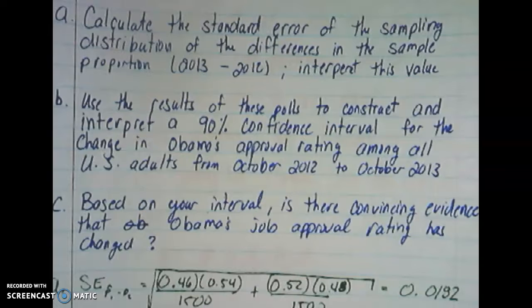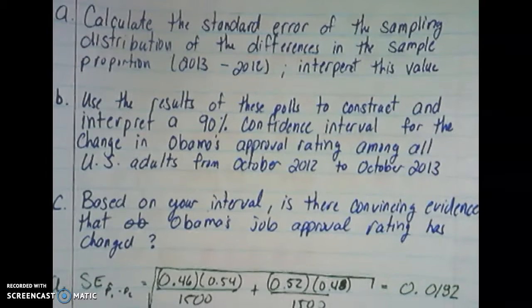And then B, use the results of these polls to construct and interpret a 90% confidence interval for the change in Obama's approval rating among all U.S. adults from October 2012 to 2013. Based on your interval, is there convincing evidence that Obama's job approval rating has changed? I'll give you a second.